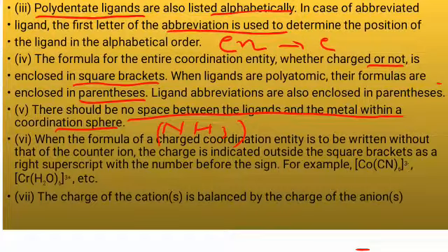When the formula of a charged coordination entity is to be written without that of the counter ion, the charge is indicated outside the square bracket as a right superscript, with the number before the sign.